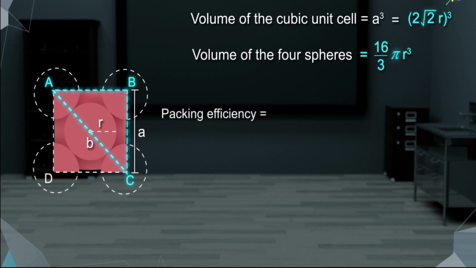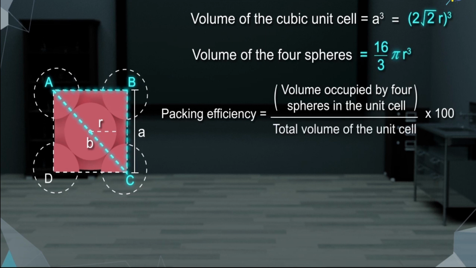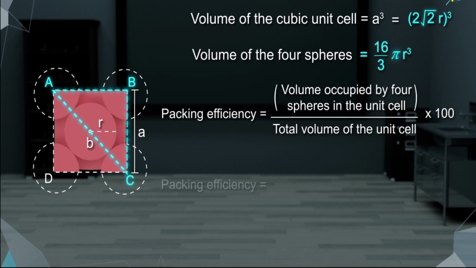Now, the packing efficiency is equal to the volume occupied by 4 spheres in the unit cell multiplied by 100, divided by the total volume of the unit cell.